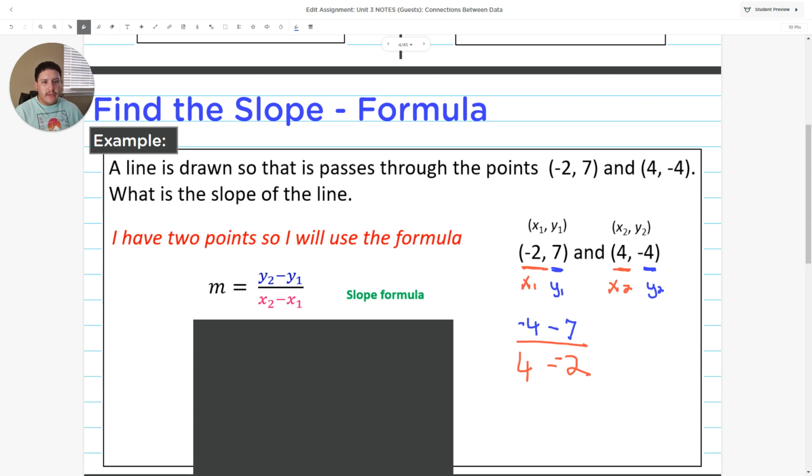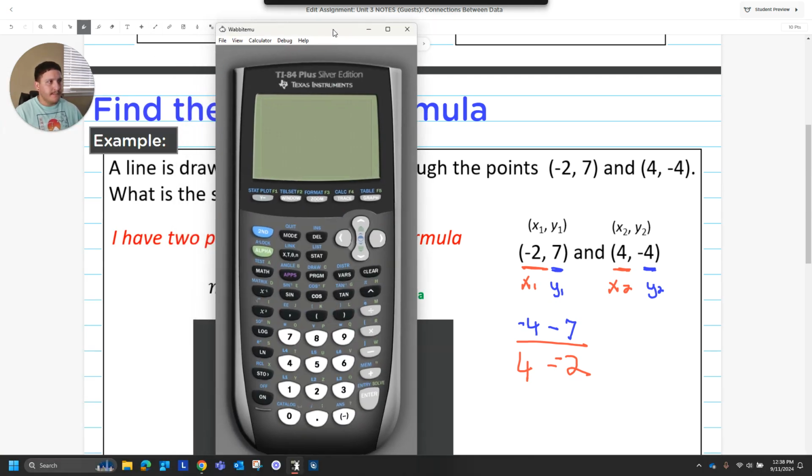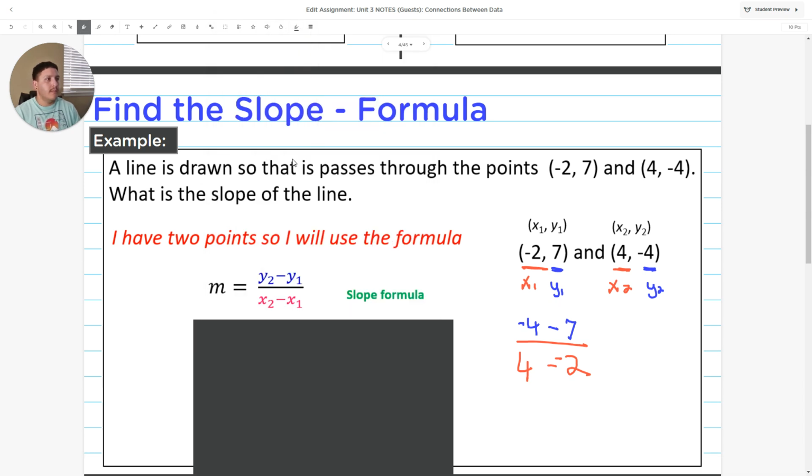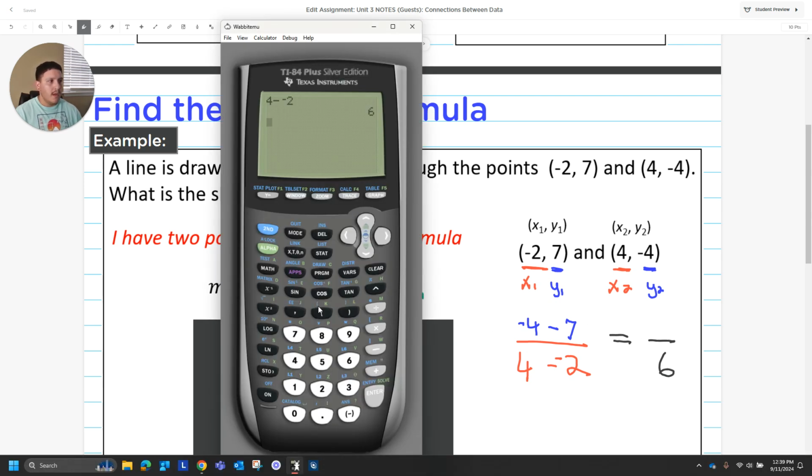Okay, and here's how we'll plug it into the calculator. 4 minus -2, which double negative should make it a positive, so really that's positive 6. So we have 6 in the denominator. For the numerator, we have -4 minus 7.